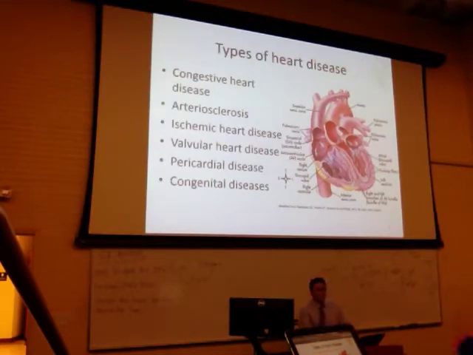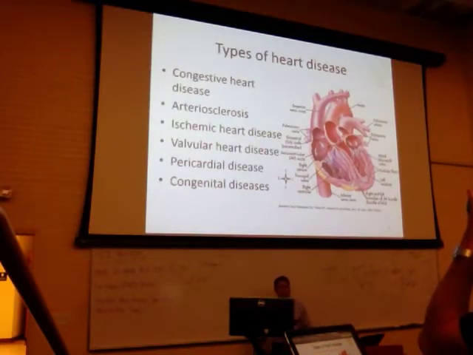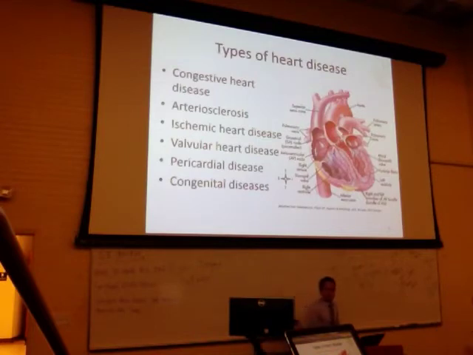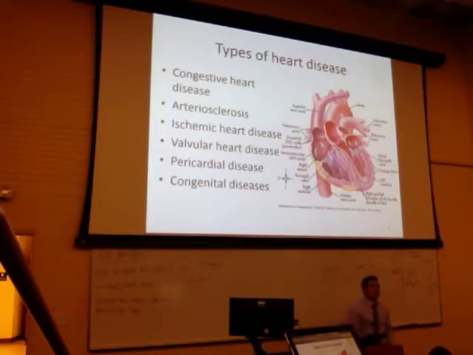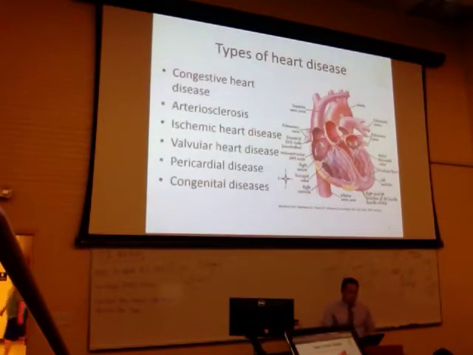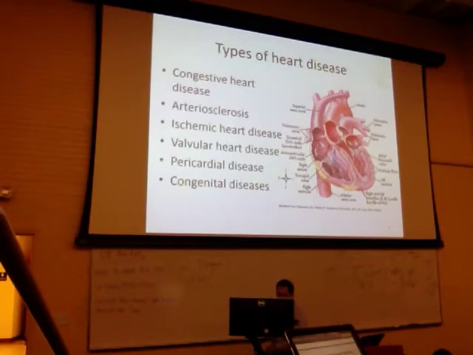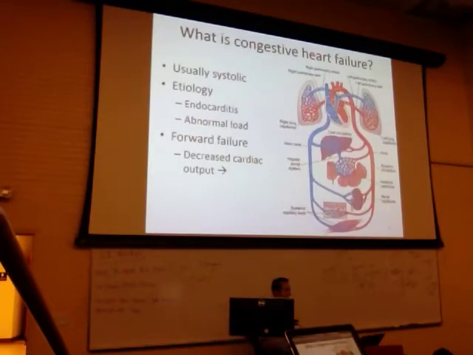But we're going to cover a vast majority of that 40% in CHF, arteriosclerosis, and ischemic heart disease. Both chronic ischemia as well as infarcts, acute infarcts. Okay? So the first one up is congestive heart disease, or what we call congestive heart failure.